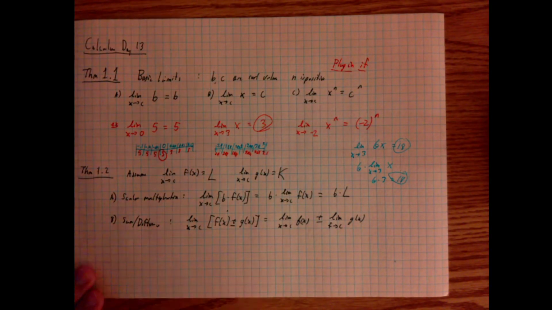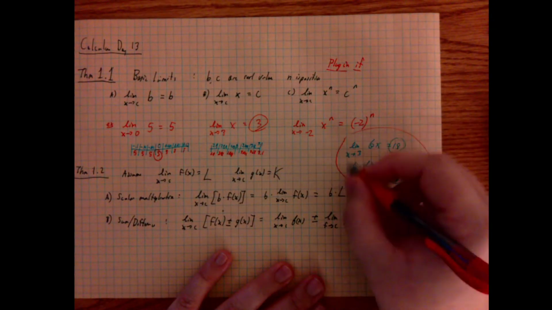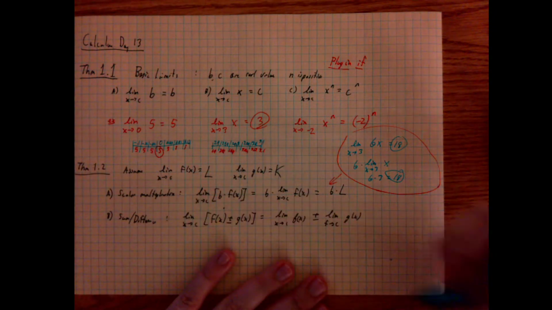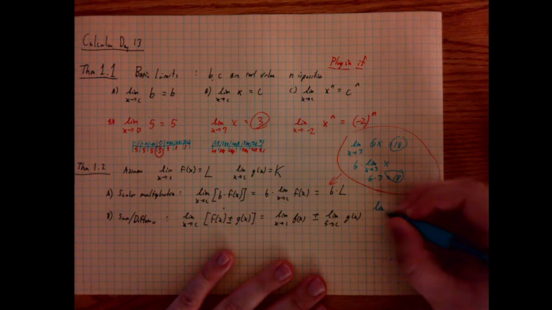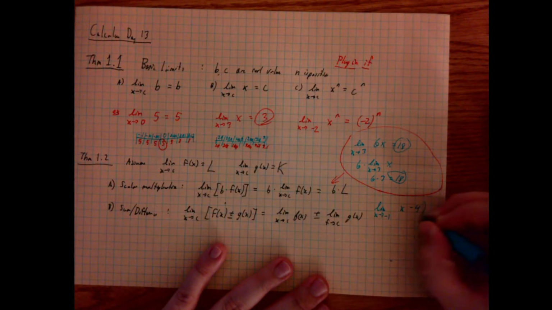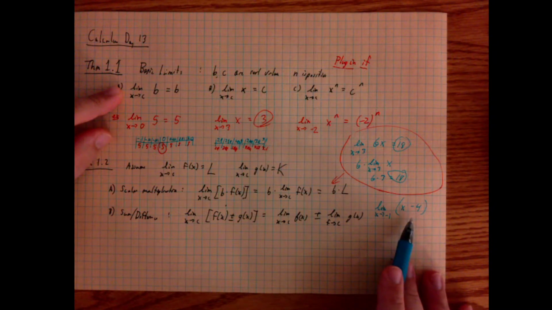So if I was to take something like, this is our example to go with this one, the limit as x approaches -1 of x minus 4, this is not one of my basic limits, okay?